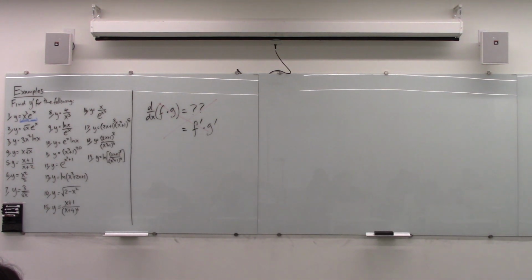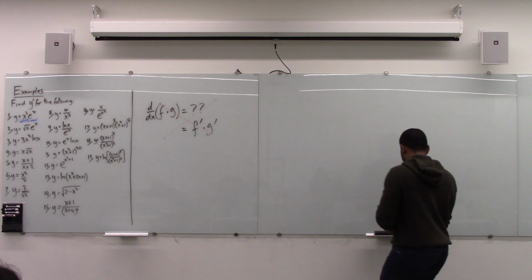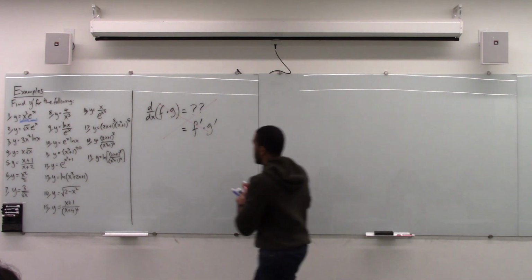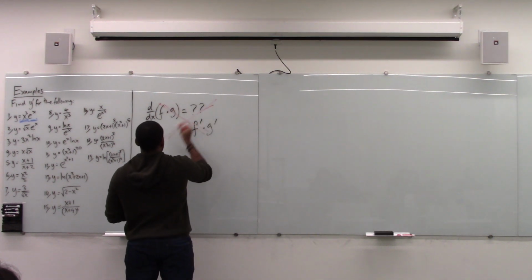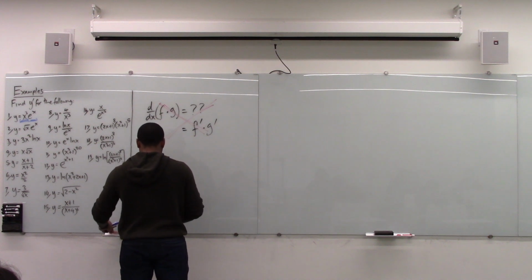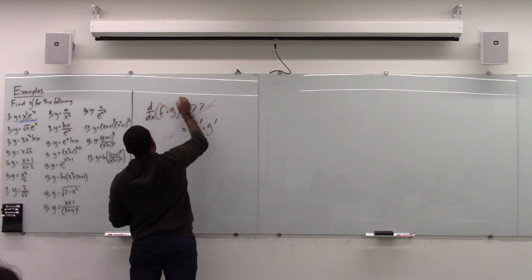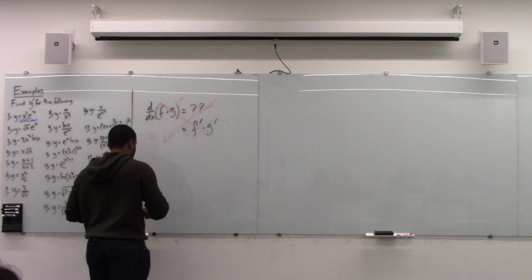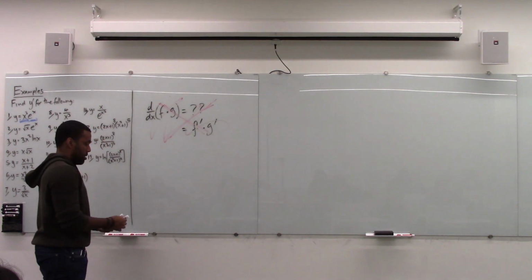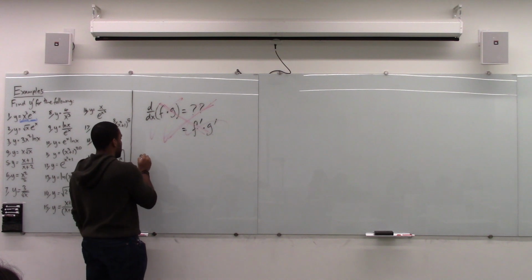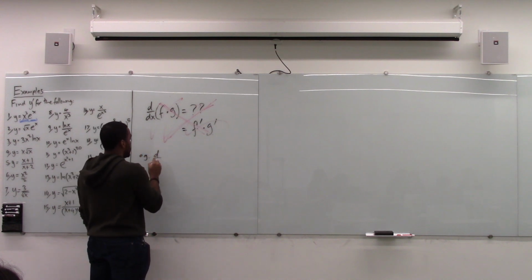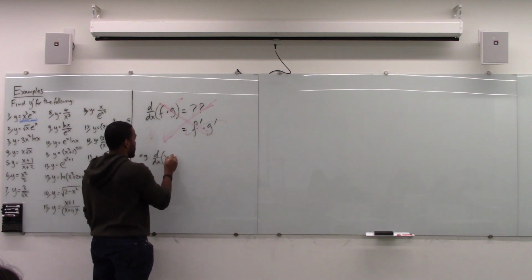It's not actually that hard to see that that would be wrong. Let's say you wanted to differentiate x times x.